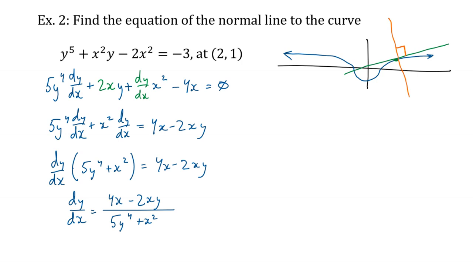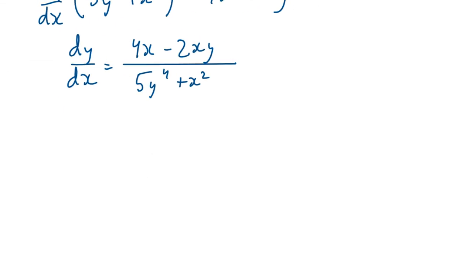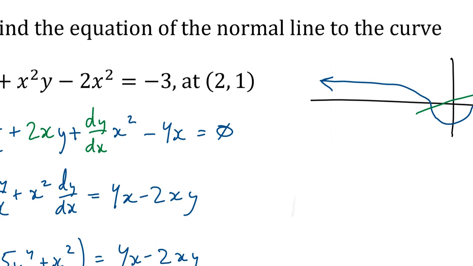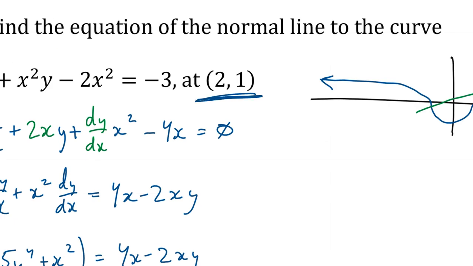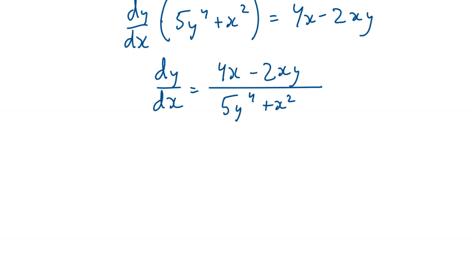How am I going to find the slope of the tangent? I've got an expression for it. Megan? But how do I find that slope? Sub in the x and the y. Right? We need both, because this thing has x and y in it.